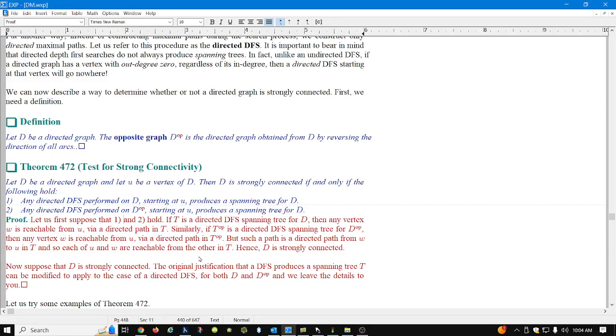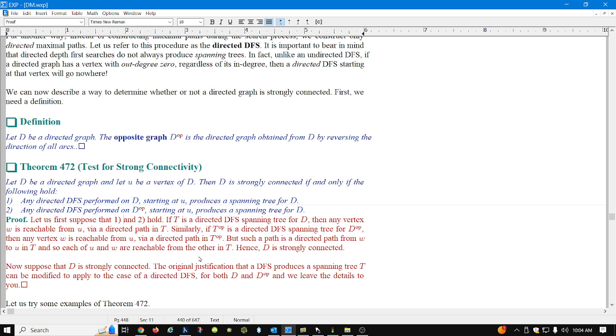So let's suppose first that these two properties hold. If T is a directed depth first search spanning tree, then that means that any vertex W in the graph is reachable from U, the starting vertex, the initial vertex of the tree.